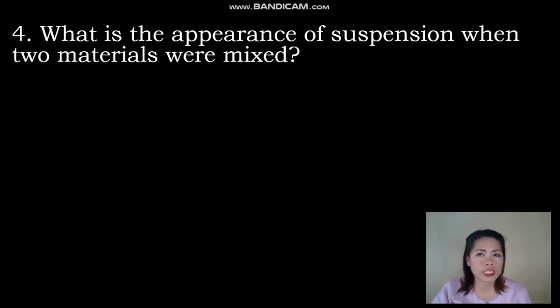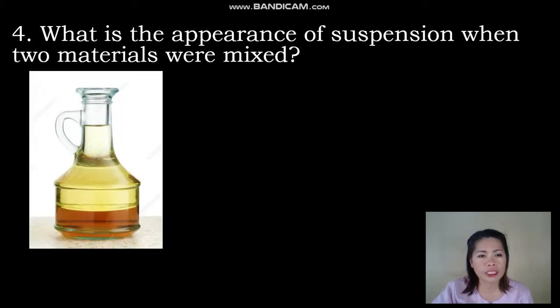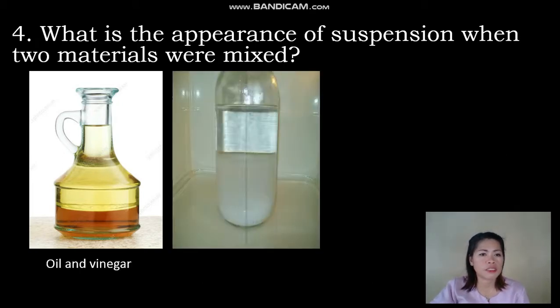What is the appearance of a suspension when two materials are mixed? This is how it looks. This is a mixture of oil and vinegar. As you can see, the oil is on the top while the vinegar sinks, or is found at the bottom of the glass.